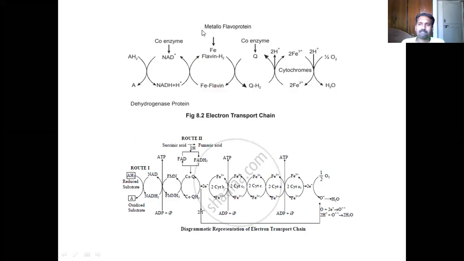Someone? If you have understood this, you can answer, right? What is the purpose of ETC? At least answer what is the purpose of ETC. Somebody?